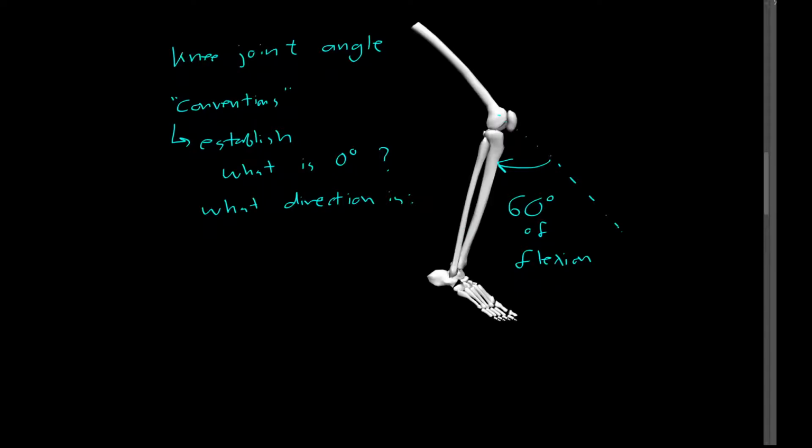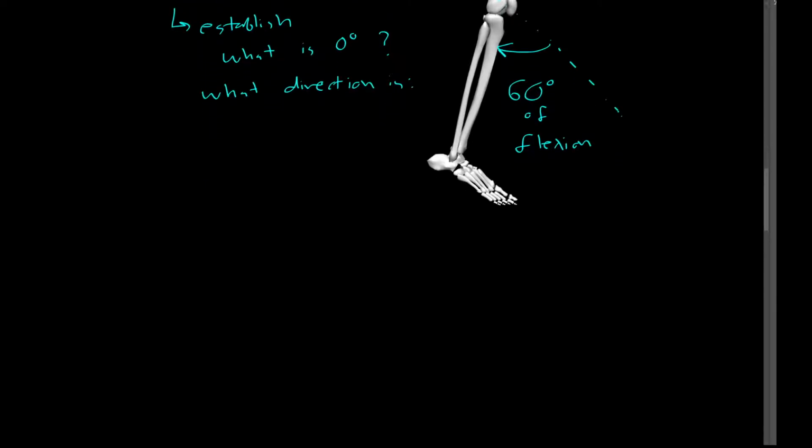The other thing I want to talk about is the difference between being in extension or flexion and moving in the direction of. So let's say this is the difference between joint position versus joint motion.